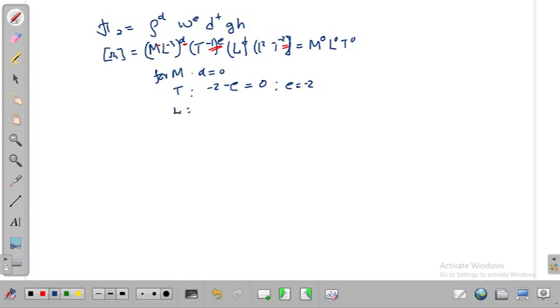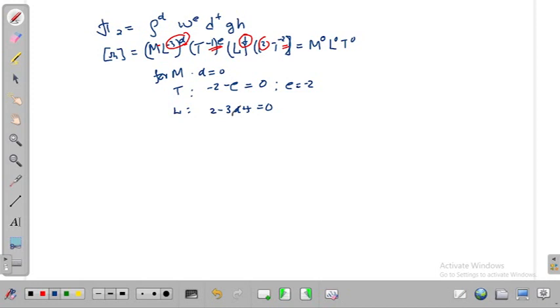Then we consider the case for the length, and for the length on the left hand side we have -3d there, we have l there, and we have l there also -2. So in that case we'll say that 2 minus 3d plus f will be equals to 0.